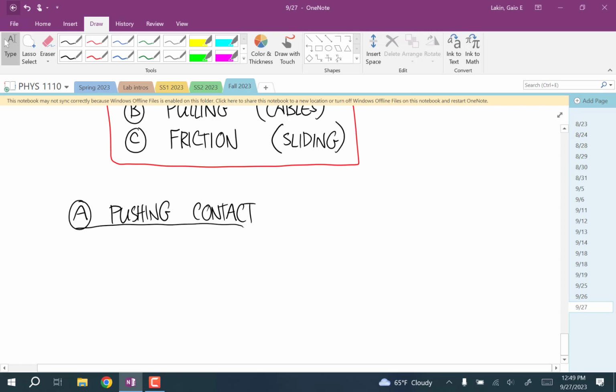So what does it mean for two things to be pushing on each other? You can think of it as, so a pushing force is a force that prevents two objects from merging, prevents their boundaries from blending, okay?